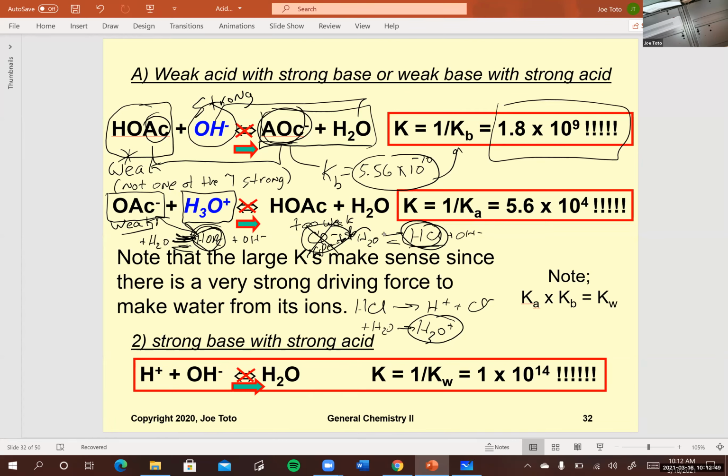So I guess what I'm trying to say is that H3O plus represents any one of those strong acids in water. That's the result of a strong acid. So I could replace that with HCl, HNO3, and so forth.